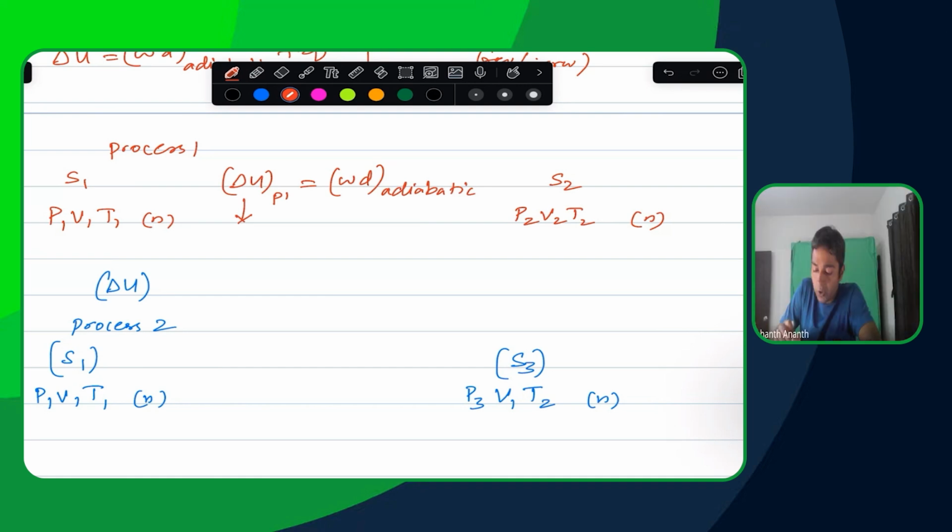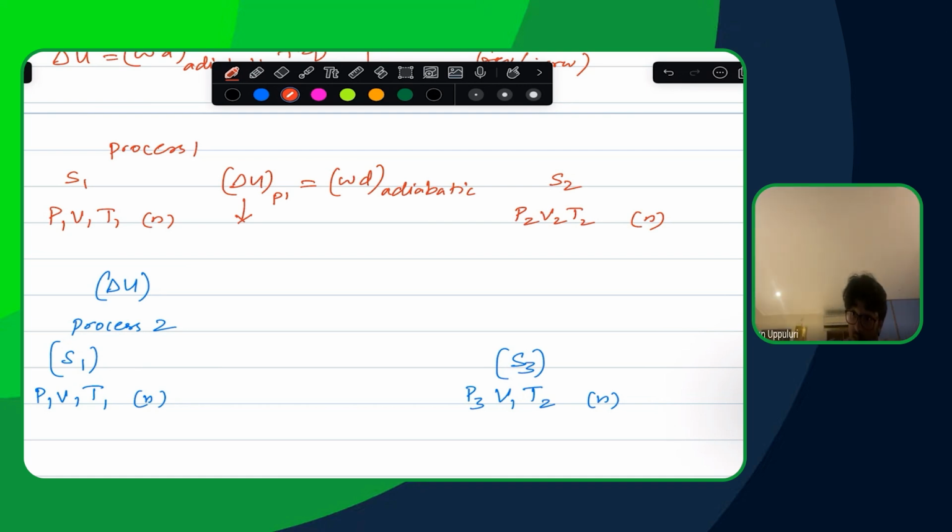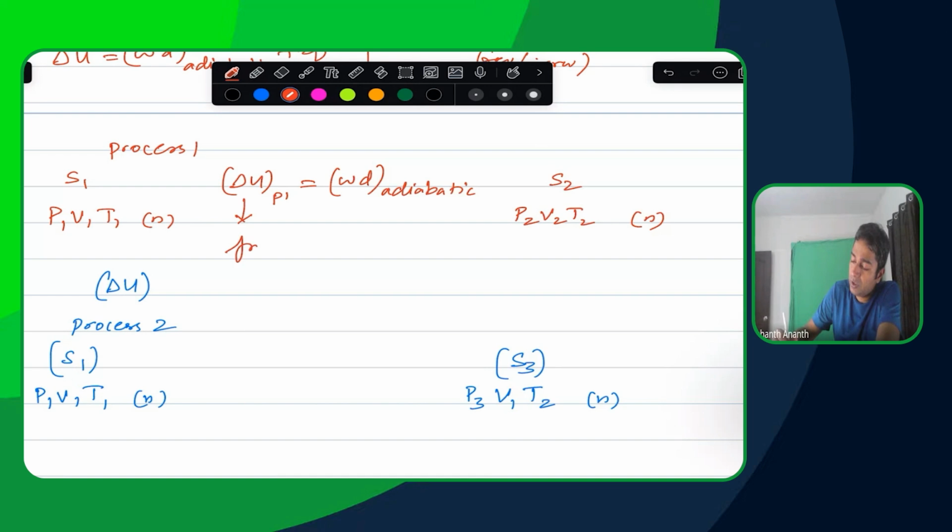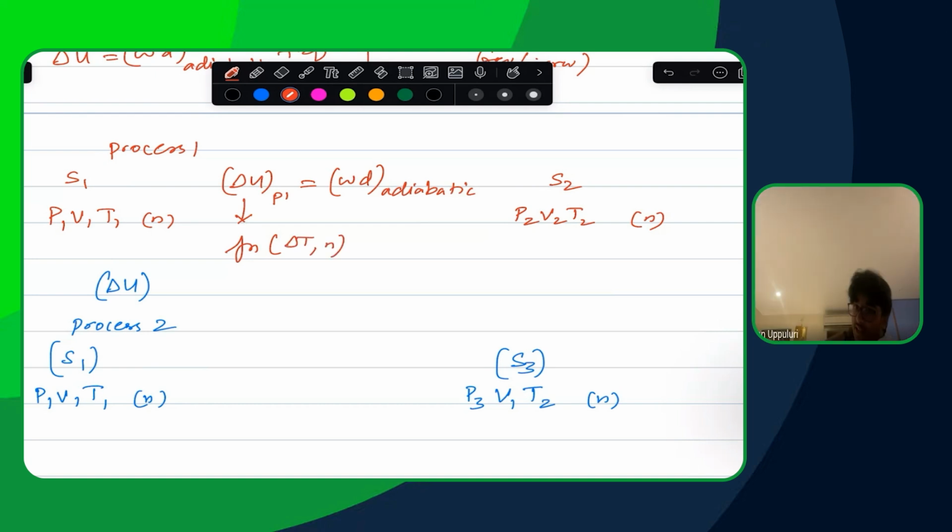Yeah. So it depends on temperature and number of moles. It doesn't matter what the pressure and volume are, correct? Yeah, correct. So this delta U is going to be a function of the temperature and number of moles, meaning a function of the delta T involved here and the number of moles.